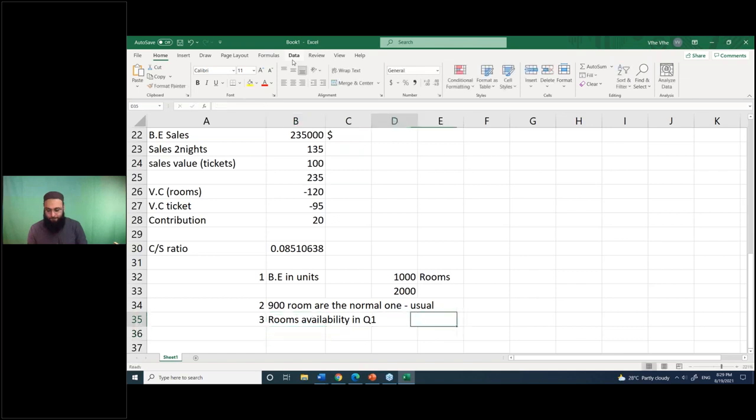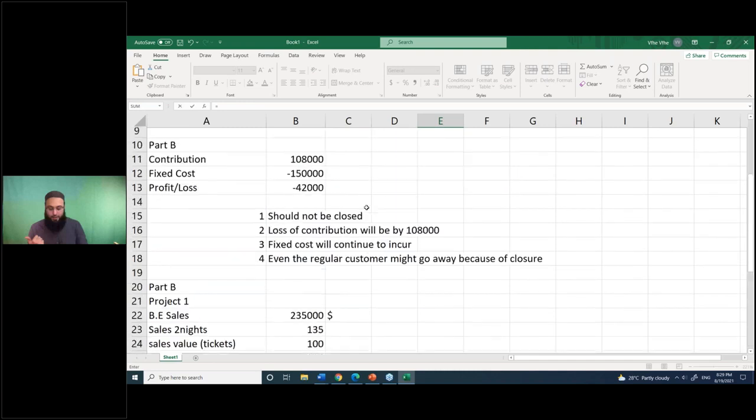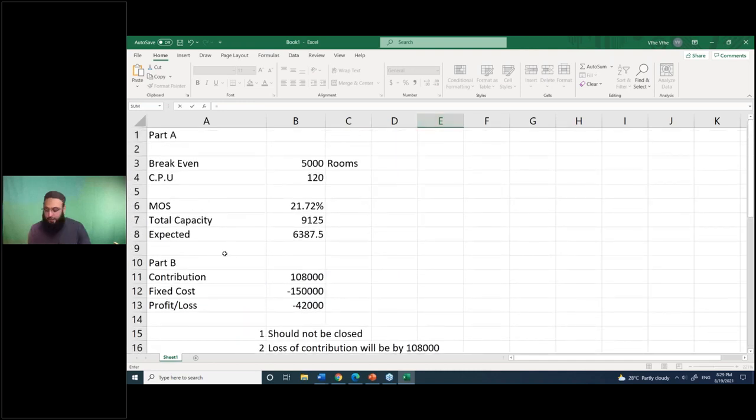Okay, so how to work out? It's very simple. See, I've done the calculation above. Here is the working where I worked out the total capacity of 9125. Okay, 9125 is my total capacity, even though we are operating at 70%. But let's ignore that and just assume that if we operate at 100%, then per quarter, how many rooms do we have per quarter?